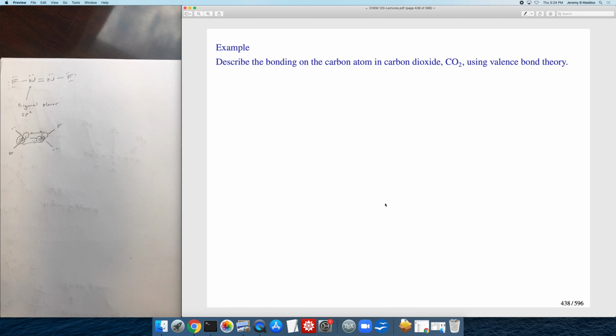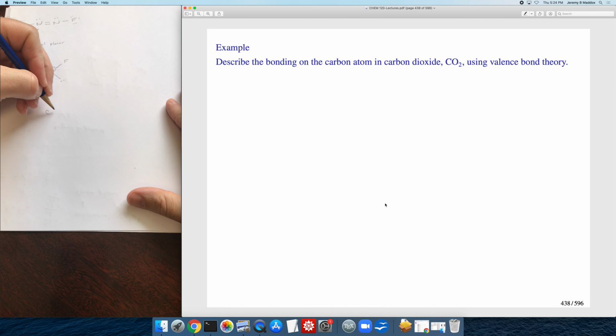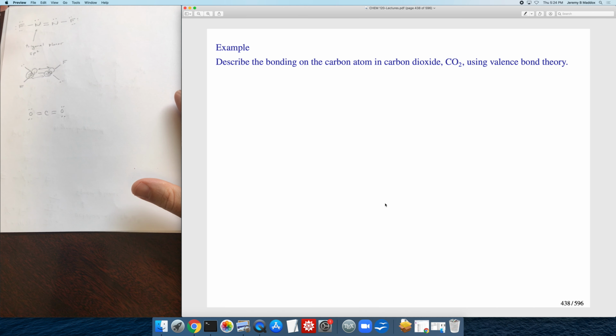In this example, it's a similar problem. We're being asked to describe the bonding in carbon dioxide. You may recall from our previous exercises that carbon dioxide is a linear molecule. We have two double bonds here.